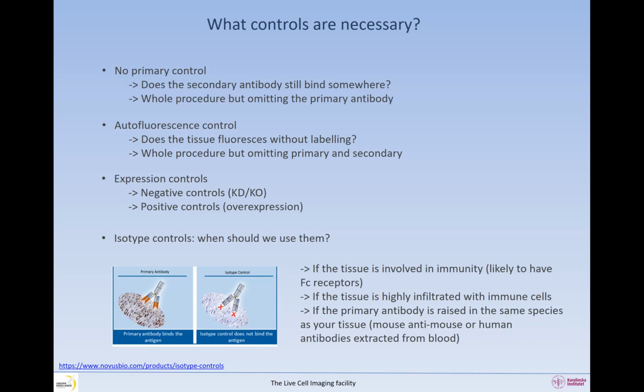If the tissue is highly infiltrated with immune cells, again, they will present Fc receptors. If the primary antibody is raised in the same species as your sample, for example mouse, then you will have to use these isotype controls. As I said, the control samples must be processed in exactly the same way as your main sample.